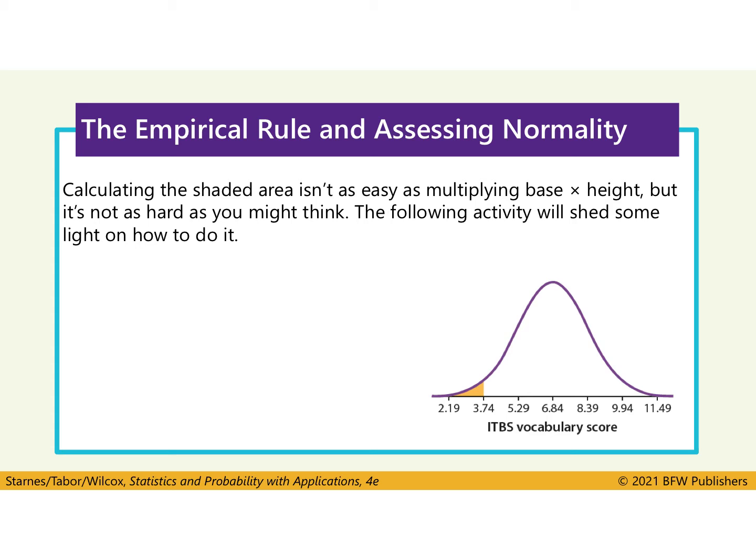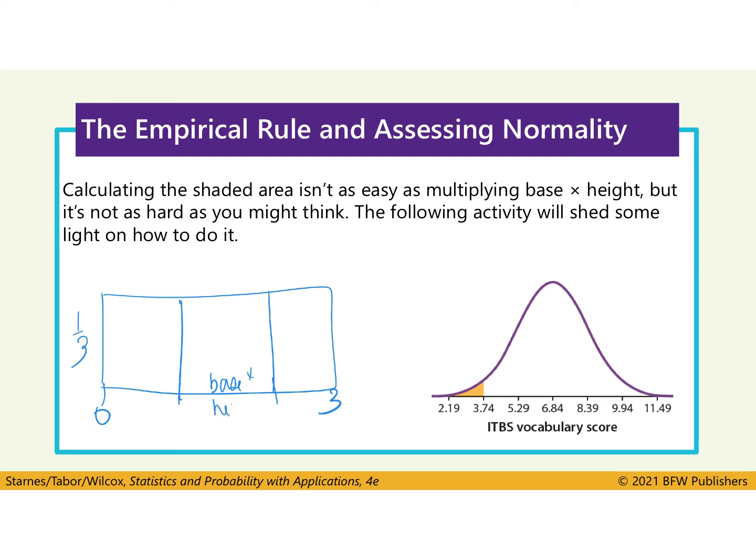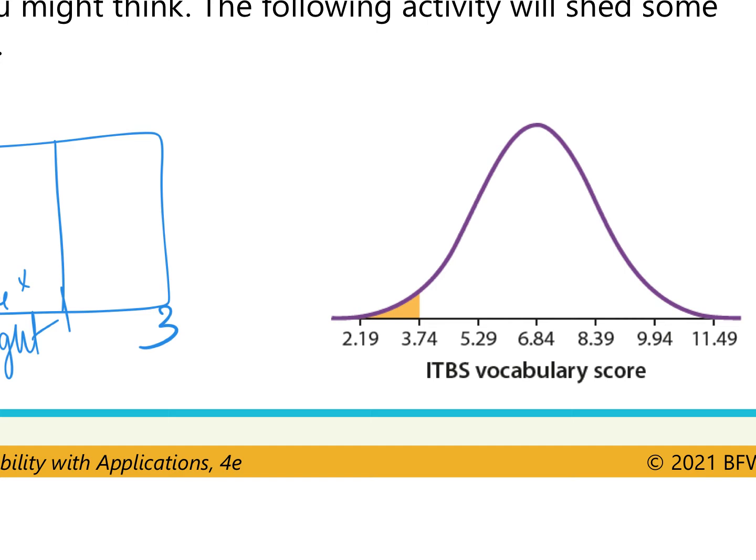Like I said, when we were calculating probabilities based on uniform distributions, it was as easy as base times height, right? Well, that doesn't work for a normal distribution, because base times height would give you a rectangle, and the curve is not a straight line.